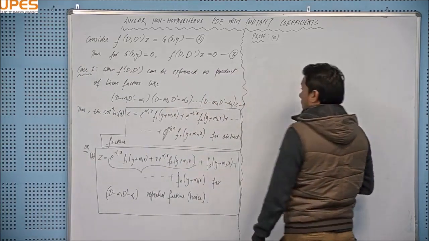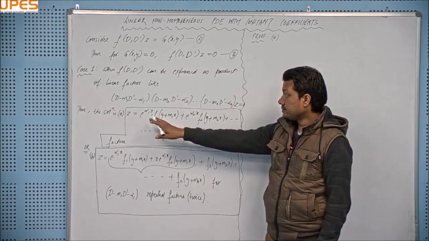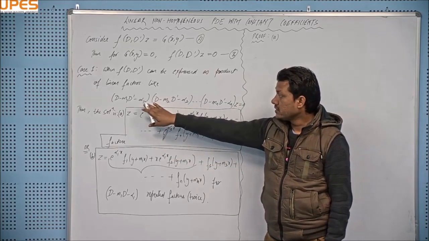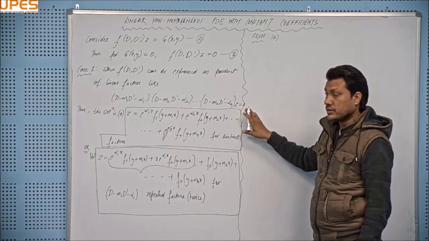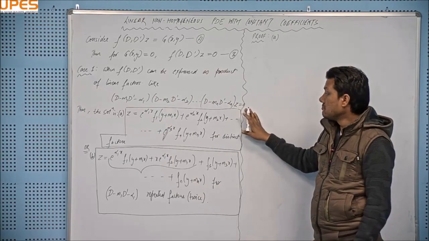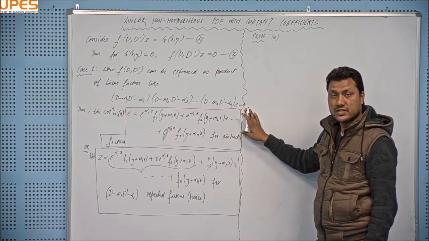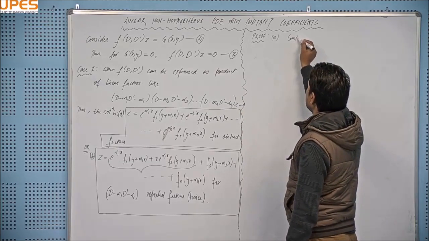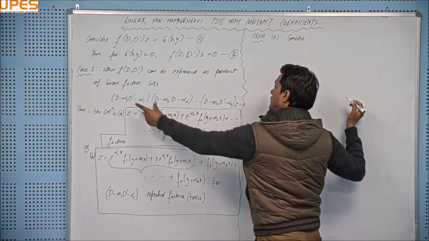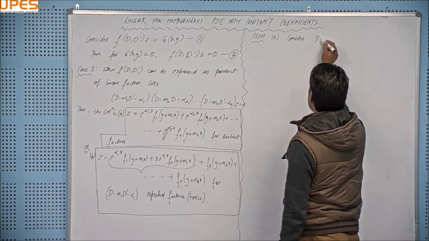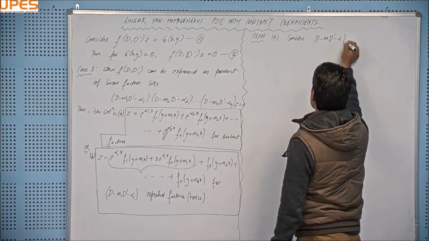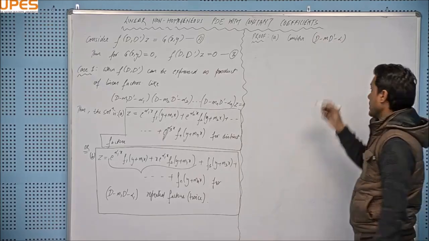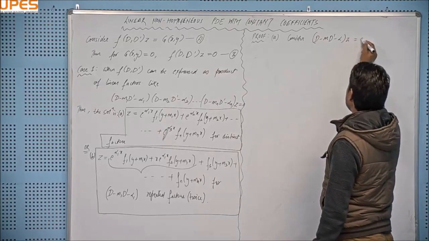Since each of these factors should be equated to 0, that will give rise to a first order first degree differential equation. Take any of these factors. Suppose I take D minus m D dash minus alpha, taking it general, not m1 m2, but m and alpha general, z equal to 0.